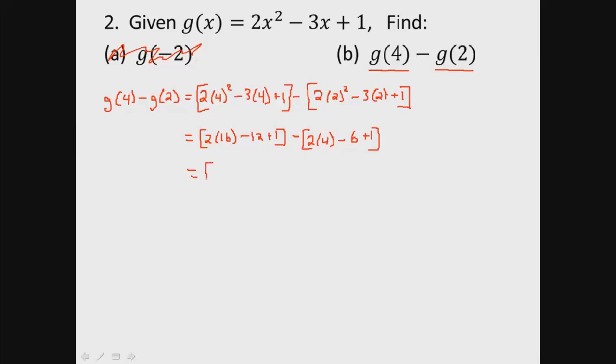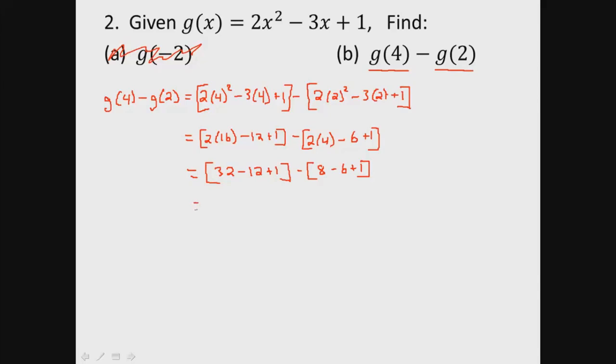Continuing with BEDMAS here, we've got 2 times 16, so 32 minus 12 plus 1, minus 2 times 4 is 8 minus 6 plus 1.